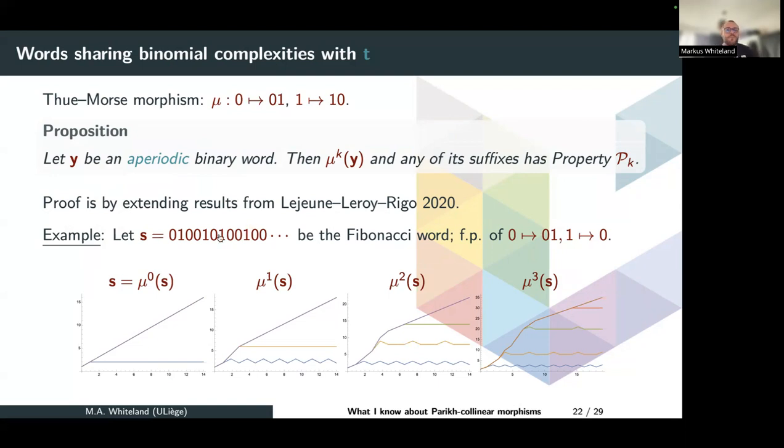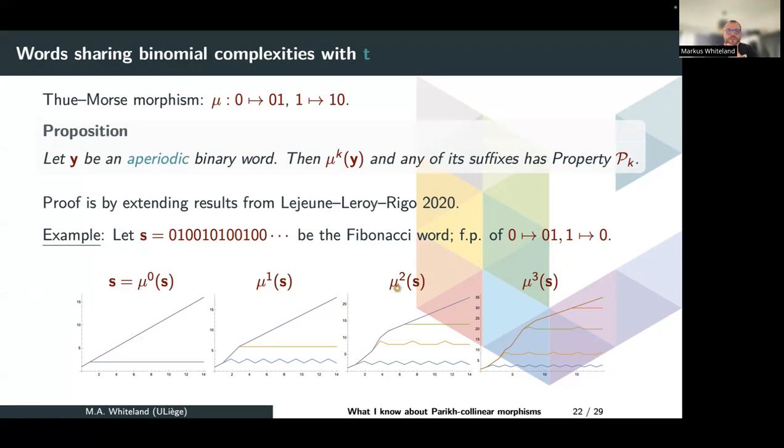As an example, if you take the Fibonacci word and you map it 0 times with the Thue-Morse morphism, well, the theorem isn't saying anything. But if you map it once, you see that you will get the same abelian complexity. The theorem is not going to say anything about 2-binomial complexities.